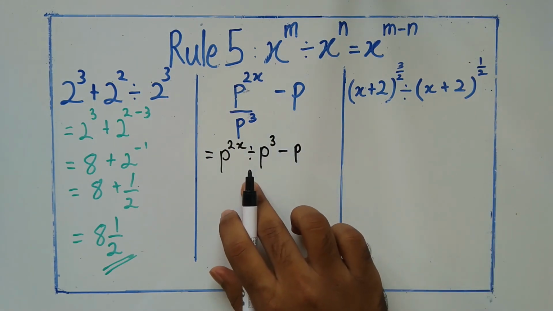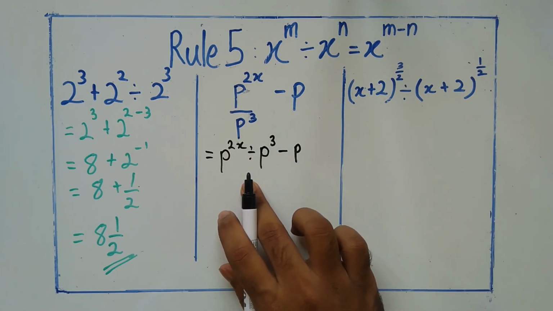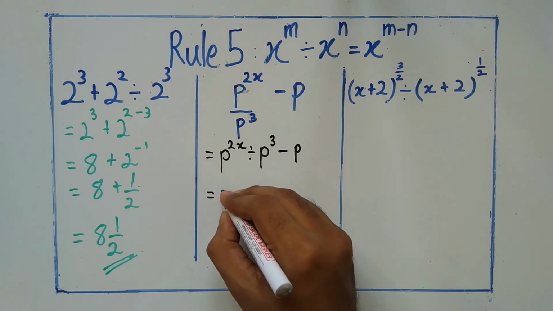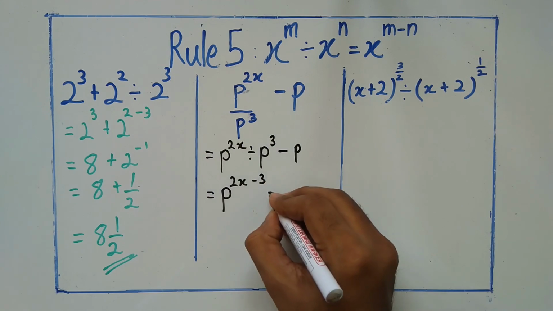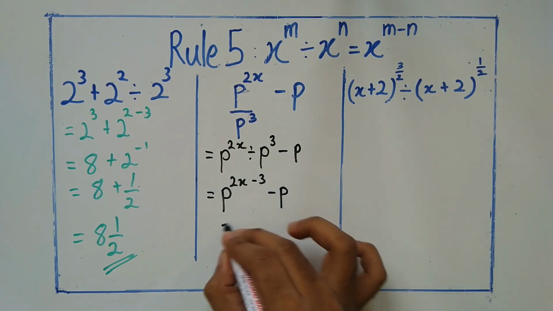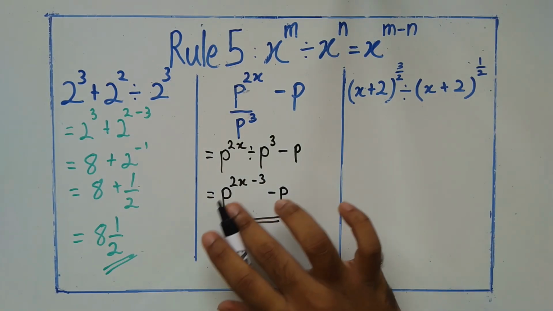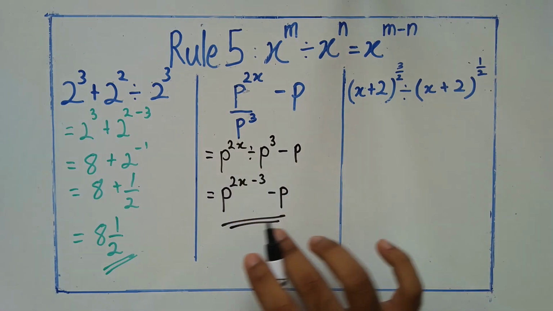Now by using the subtraction rule, we can simplify this equation. We get p to the power of 2x minus 3 minus p.